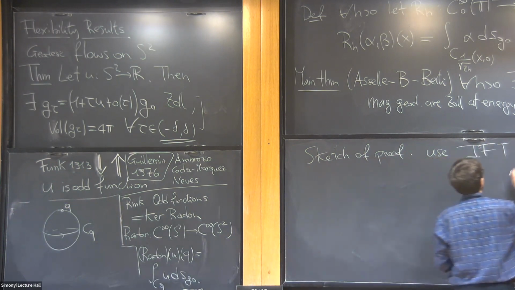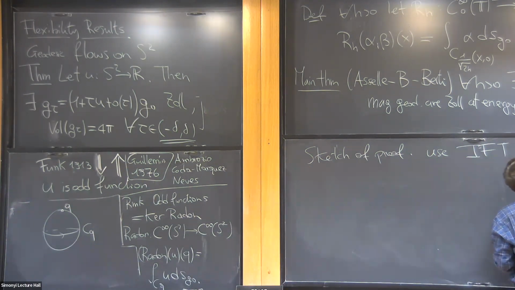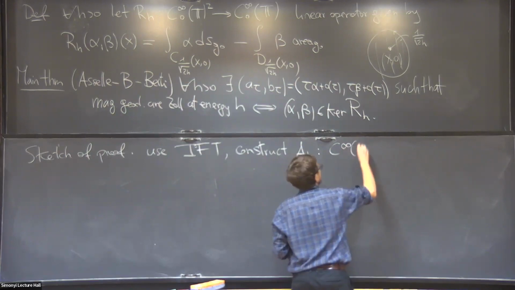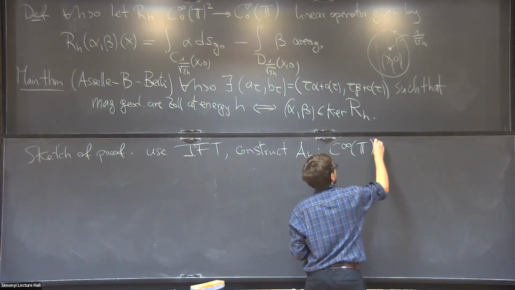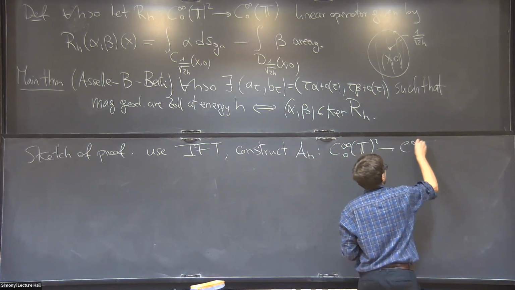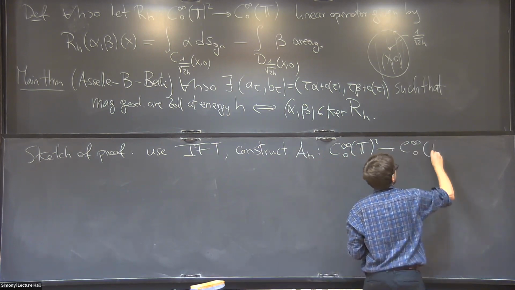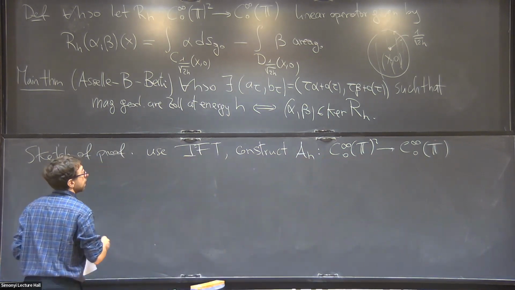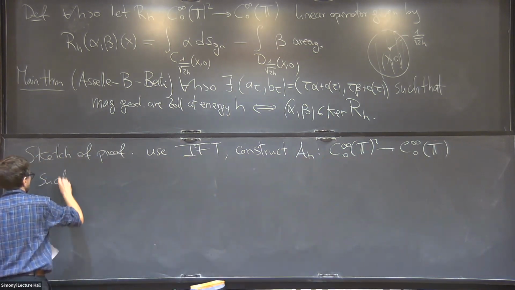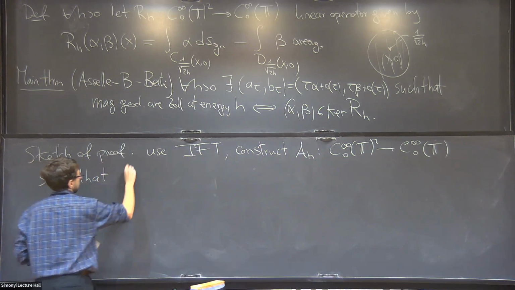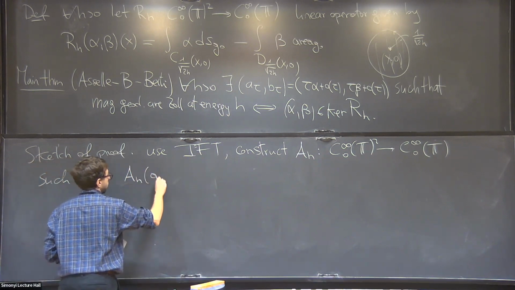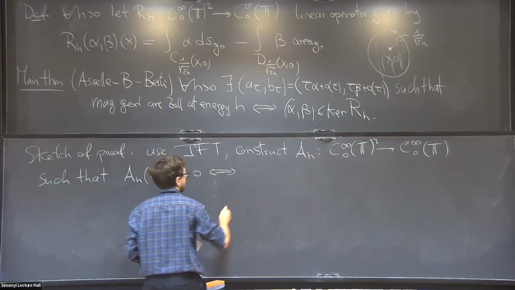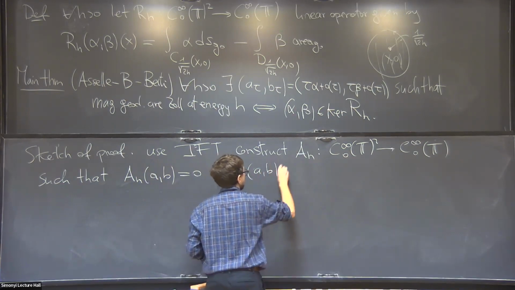So what we want to do is construct some function A_H, some nonlinear version of our Radon transform, such that we have a pair AB which is a zero of this function if and only if AB is Zoll at energy H.